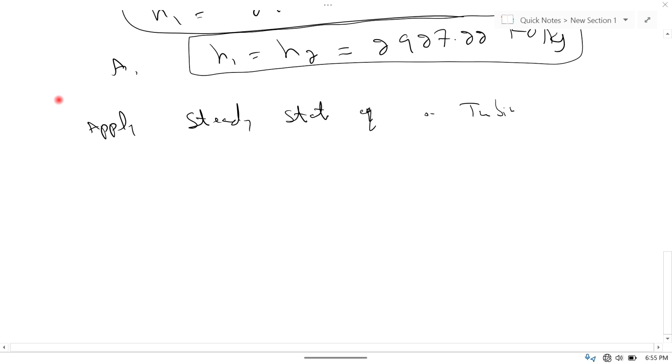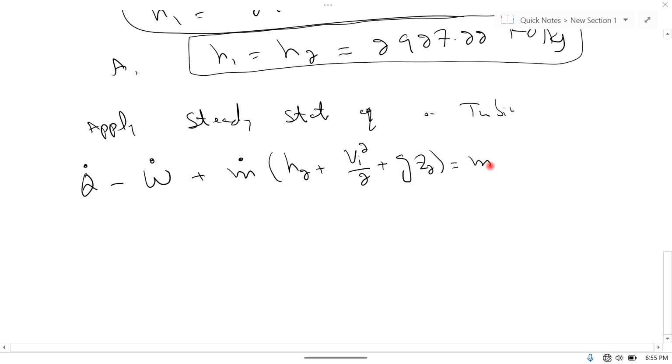So the steady state equation is Q dot minus W dot plus m dot (H2 plus V inlet squared divided by 2 plus gZ2) is equal to m dot (H3 plus V exit squared divided by 2 plus gZ3).